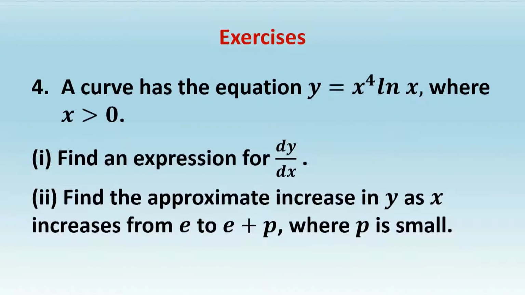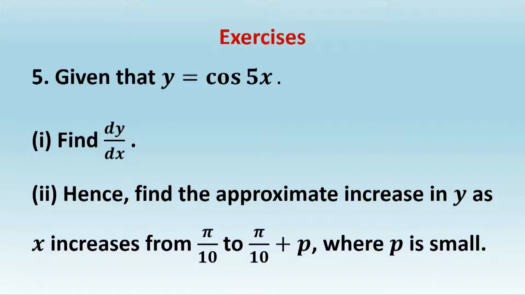Number 4. A curve has the equation y is equal to x to the power of 4 ln x, where x is greater than 0. Part 1. Find an expression for dy by dx. Part 2. Find the approximate increase in y as x increases from e to e plus p, where p is small.